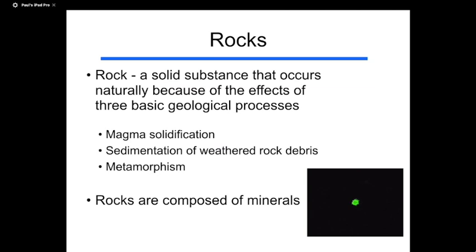We're going to have magma that becomes solid, or a sedimentation of other rocks, or a metamorphic effect that changes a rock. And rocks are composed of minerals, they're mixtures.